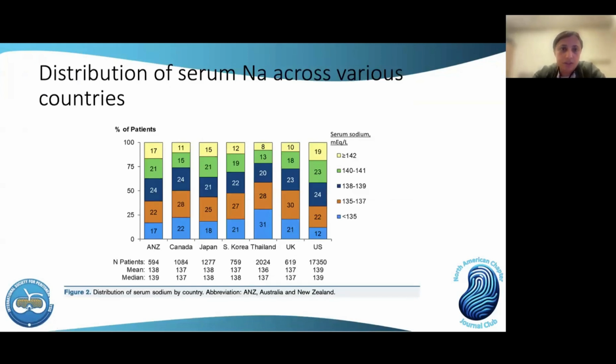I wanted to go over this distribution of serum sodium across various countries. It is worth noting that Thailand had the highest number of patients with the lowest sodium. 31% of their patients had a sodium of less than 135, whereas in the US, only 12% of the patients had a sodium of less than 135.